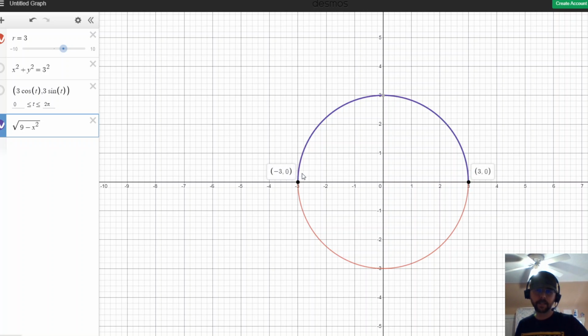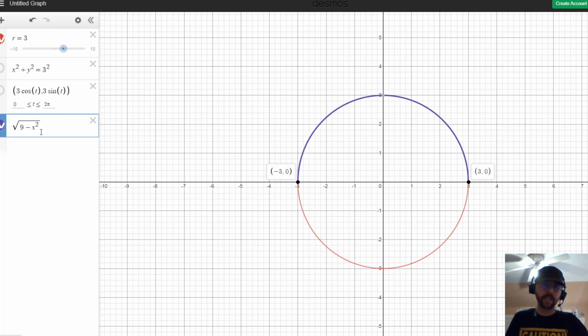That means we're moving along the x-axis, so we want our lowest point on the x-axis to be the lower bound, and we want +3 to be the upper bound. If we just did that, that will give us the top half.